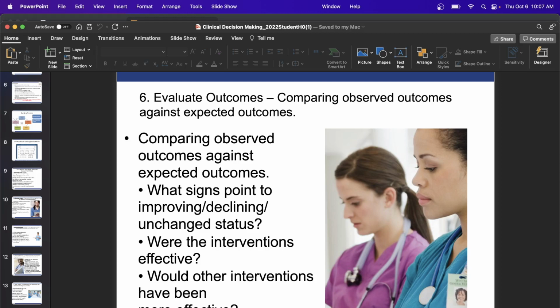Okay, evaluating outcomes. This is comparing observed outcomes against expected outcomes. Just to carry the COPD all the way through, the expected outcomes are we want them to be satting better, we want the respiratory rates to come down a little bit, we want them to have less sputum, we want to get them well and get them home again, right?